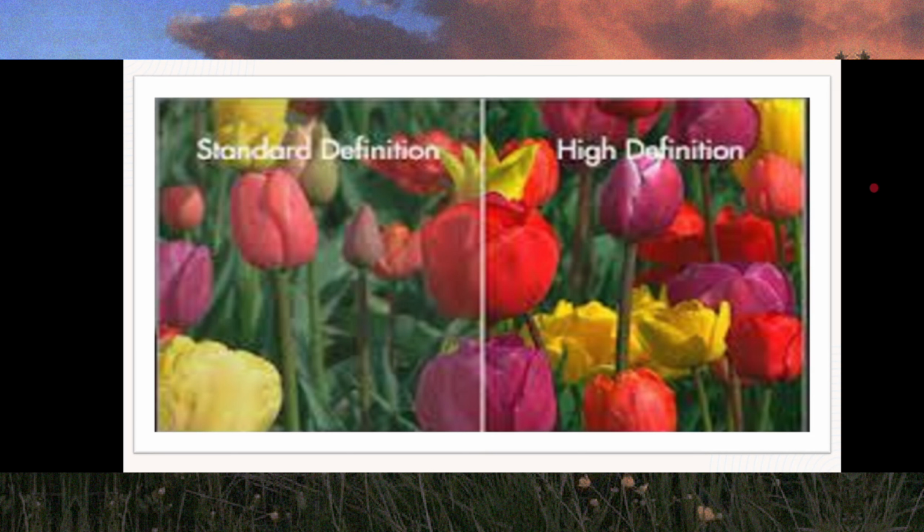If you see physically, as you are viewing this now, the standard definition colors are not sharp, they are not bright, they are somewhat dull. You understand? But when you see that of the high definition image here, sorry, not video, image here, the colors are brighter, the colors came out well, and they are appealing to the eyes. You understand? So that's the difference.